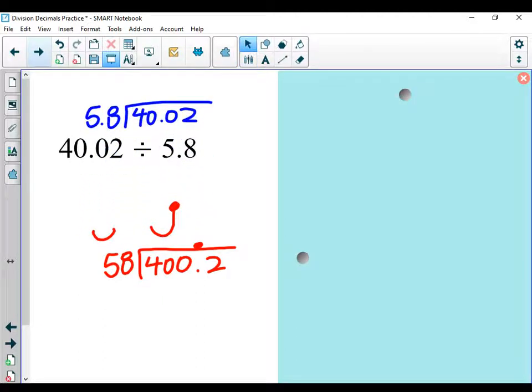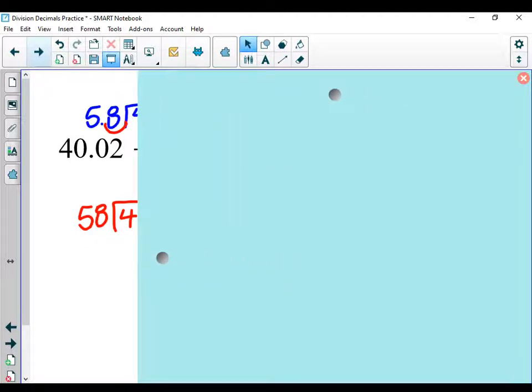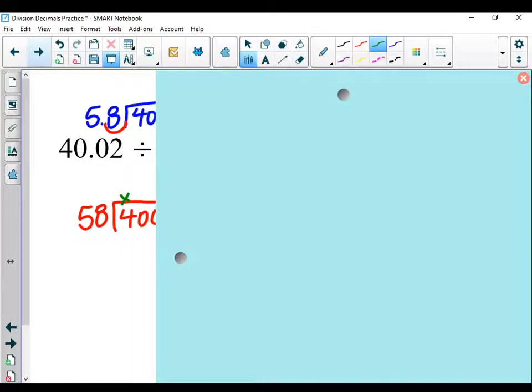So I have put the top number on the inside. I have moved the decimal to the top. I'm now ready to work my way across the problem. Ooh, 58 into 400.